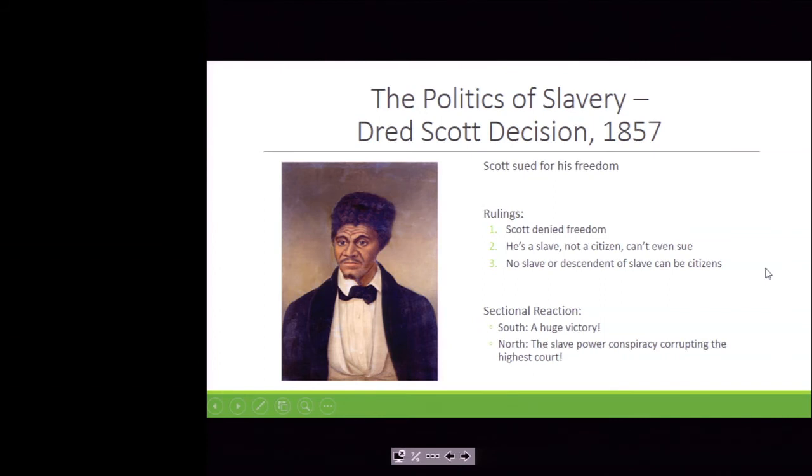They go even further. Number 3, the court says that no slave or descendant of a slave can be a citizen. Why is that significant? Think about that for a minute. No slave or descendant of a slave can ever be an American citizen.